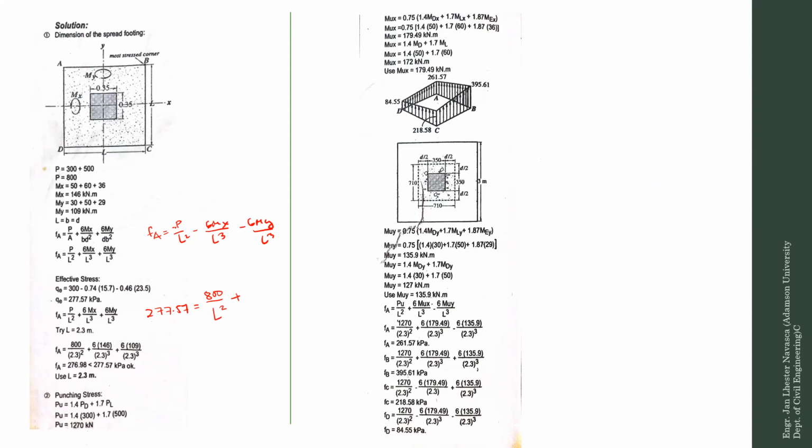So kapag gagamitin mo yung negative sign, so gagamitin mo rin itong negative sign. Okay? Ganun lang. Pag gagawin yung negative lahat yan, so gagamitin yung negative side din yung allowable soil pressure. So kung gusto mong i-consider lahat ng signs. Okay? So 800 over L squared, 6 times 146 over 2L cubed plus 6, 109 over L cubed.